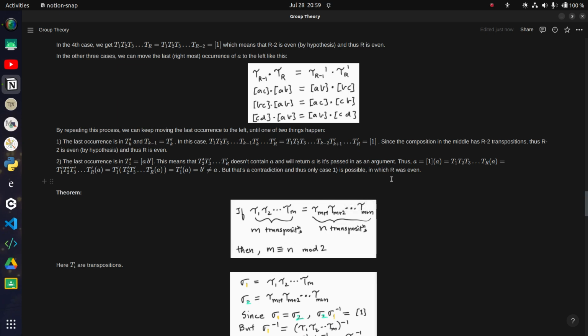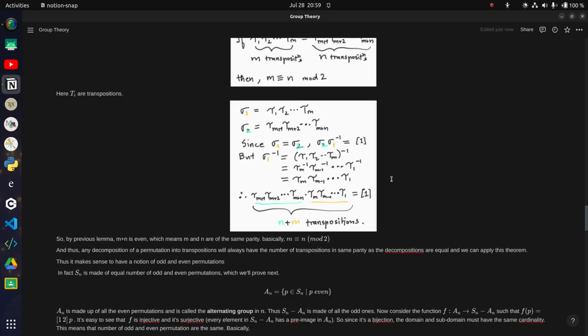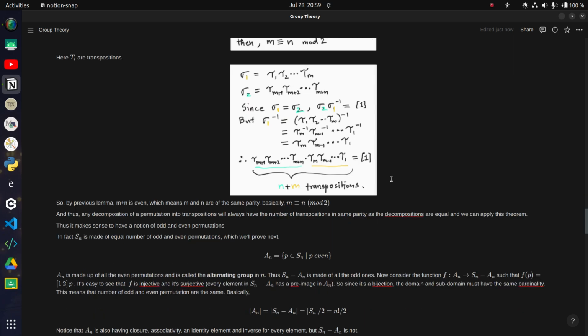But for any permutation you can decompose it into a bunch of transpositions. So if you decompose it into different looking expressions, the number of transpositions in those expressions has to be of the same parity. That's the theorem. I mean, that's the corollary, I think. So that makes the notion of odd and even have some sense.